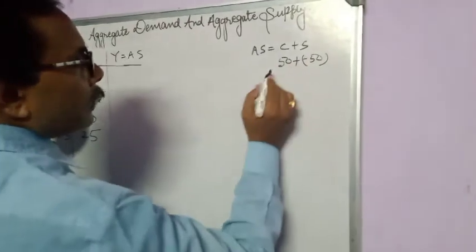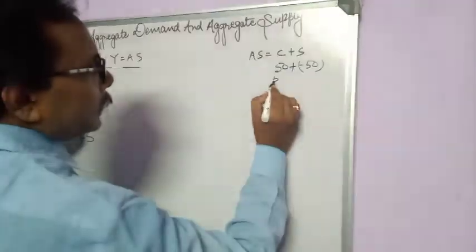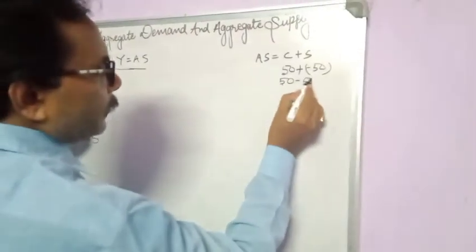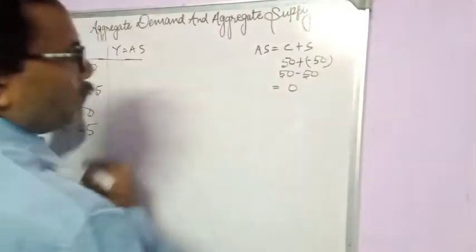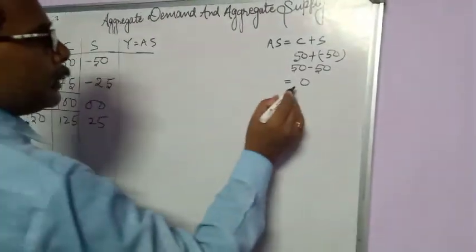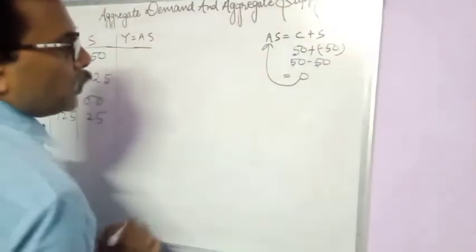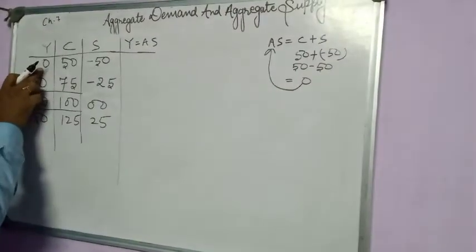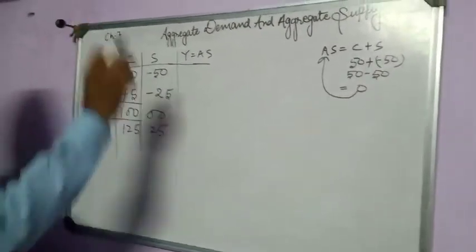Is it clear? So 50 minus 50 is equal to 0. So here the AS will become 0, or here you also find that income is 0.